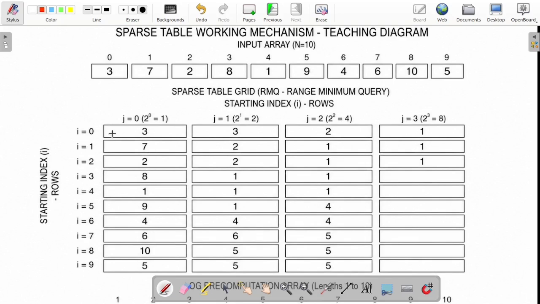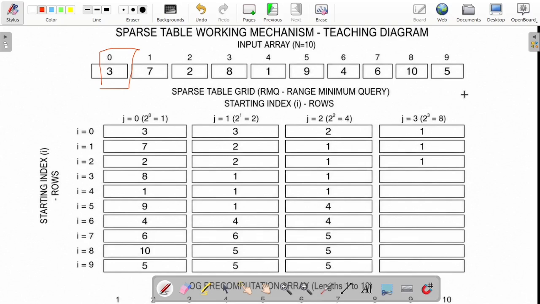Now observe here, for i equals 0, we need to consider a segment of length 2 to the power 0, that is 1. So from the 0th index, a segment of length 1 is the element itself. So for the element itself, the minimum is the element itself, that is 3. Similarly, for first index, it will be 7. For second index, 2.